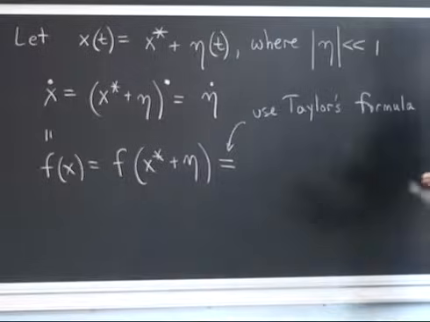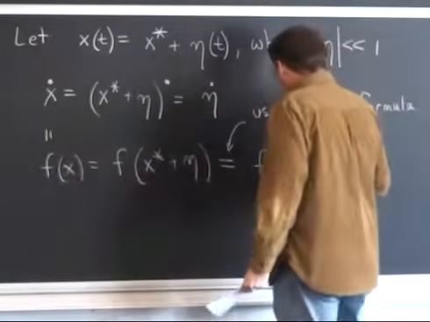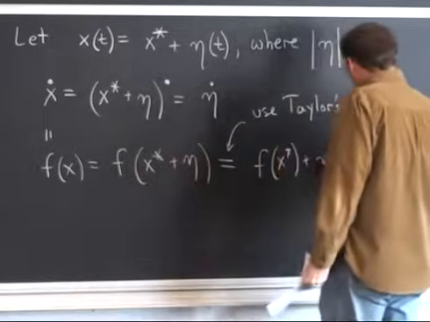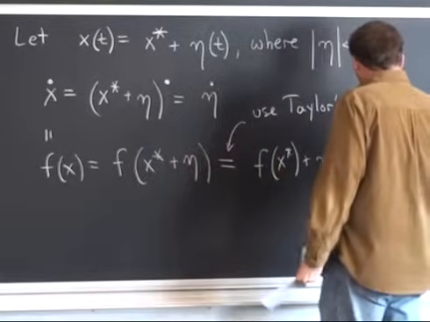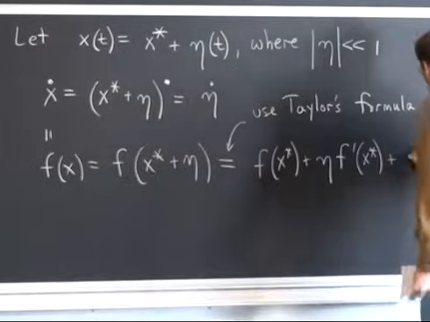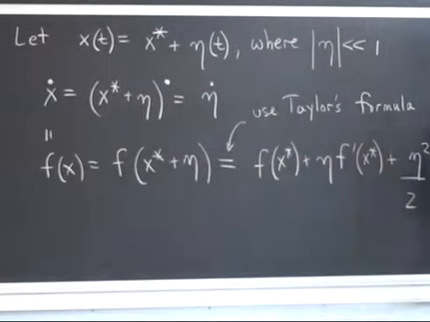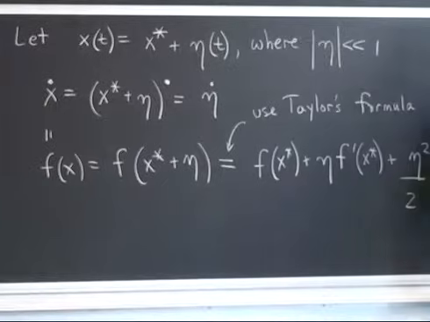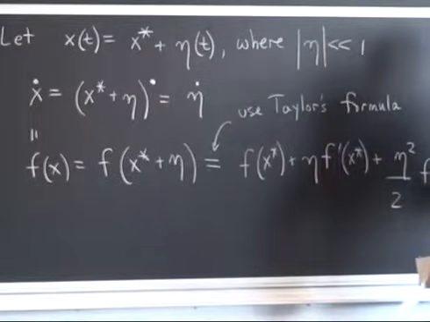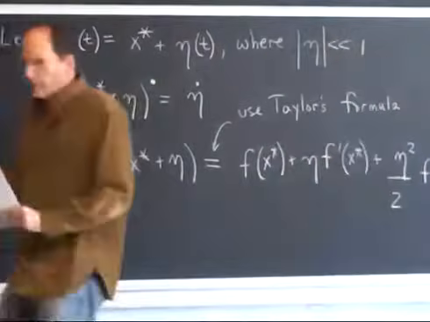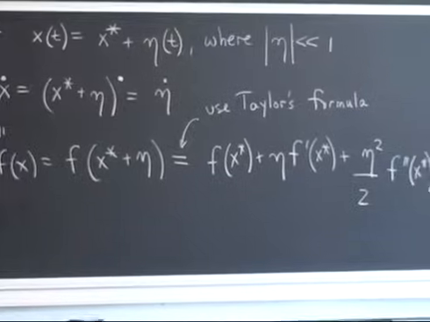And so this would give us then f of x star plus eta f prime at x star plus the next term would be eta squared over 2 factorial, which is 2, f double prime at x star. And then there are higher order terms of order eta cubed and so on. But let's just leave it at that for now.